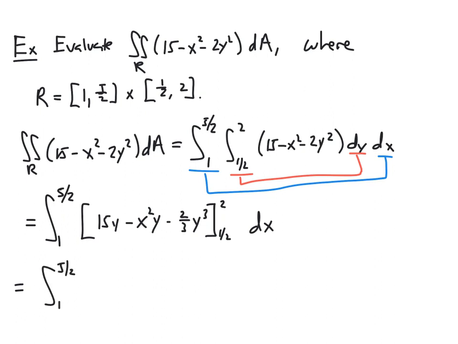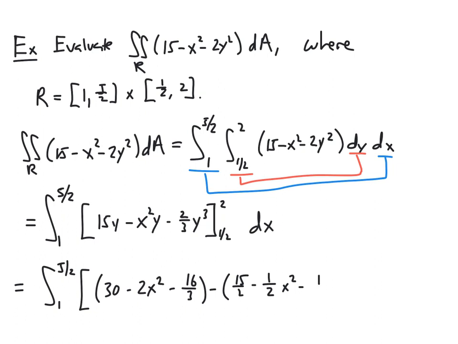Okay, so we have the integral from 1 to 5/2. We evaluate this function at 2, and we're going to get 30 minus 2x squared minus 16/3. We're going to evaluate it at 1/2, so we're going to have 15/2 minus 1/2 x squared minus 2/3 times 1/8, and that would be 1/12.